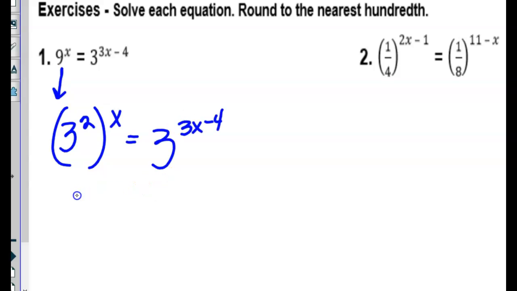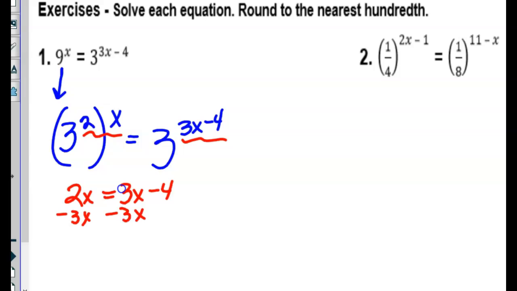So then we'd have what? This, which would become a 2x, equals this, which is just a 3x minus 4. Be careful, though. It's a quiz. That's the problem where I always show my work so I don't do something silly. I got positive 4. Is that working for anybody? Okay. Number 2 is a trick.